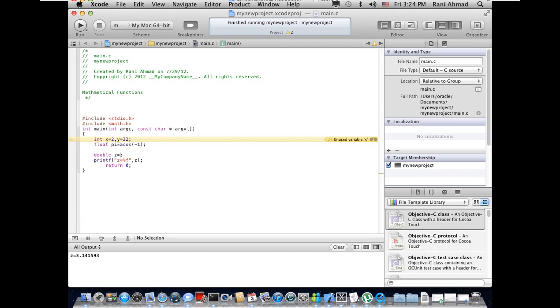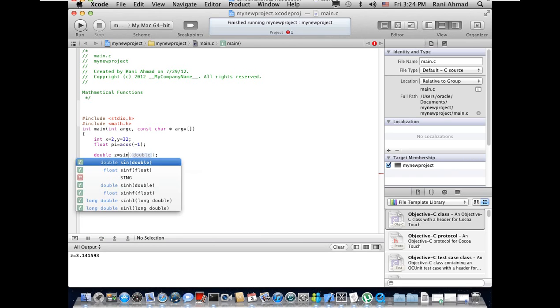Now, so this is how I get pi. So if I want to get the cosine of 30, or no, let's say the sine of 30. Sine of 30 is half, so let's say it's 30 degrees, I mean.